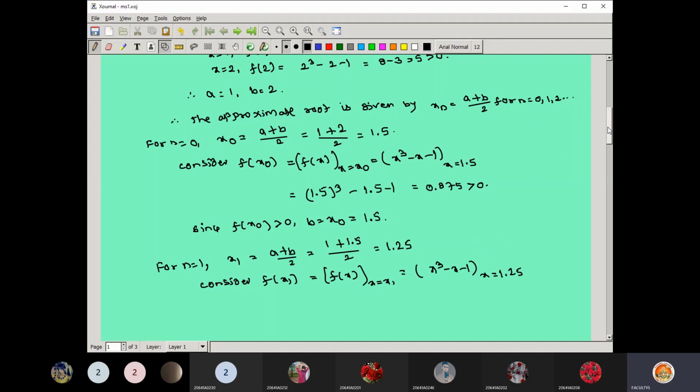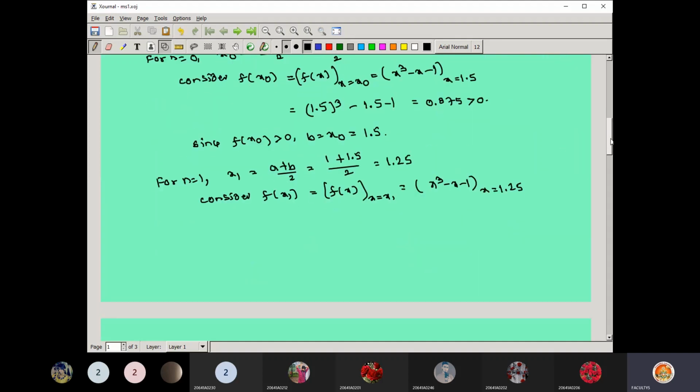So what will be the answer? When I substitute x equal to 1.25 in your expression, 1.25 whole cube minus 1.25 minus 1. Give me the answer. What will be the value? It is minus 0.296.